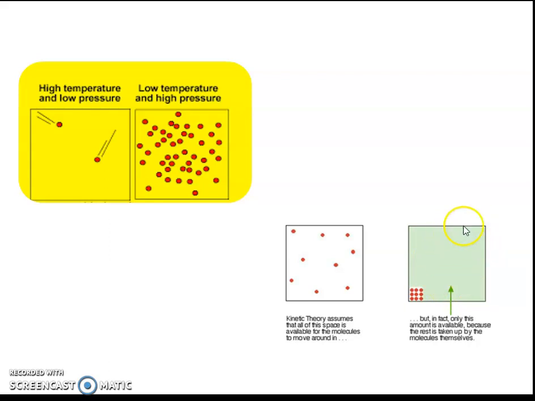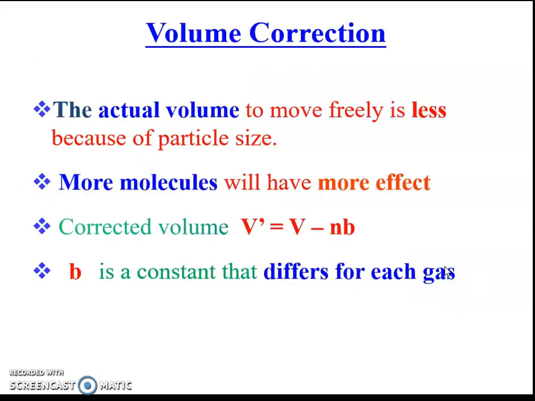Thus, the new volume available to the gases will be less than the ideal volume. Hence, the volume correction is that the actual volume to move freely is less because of particle size.